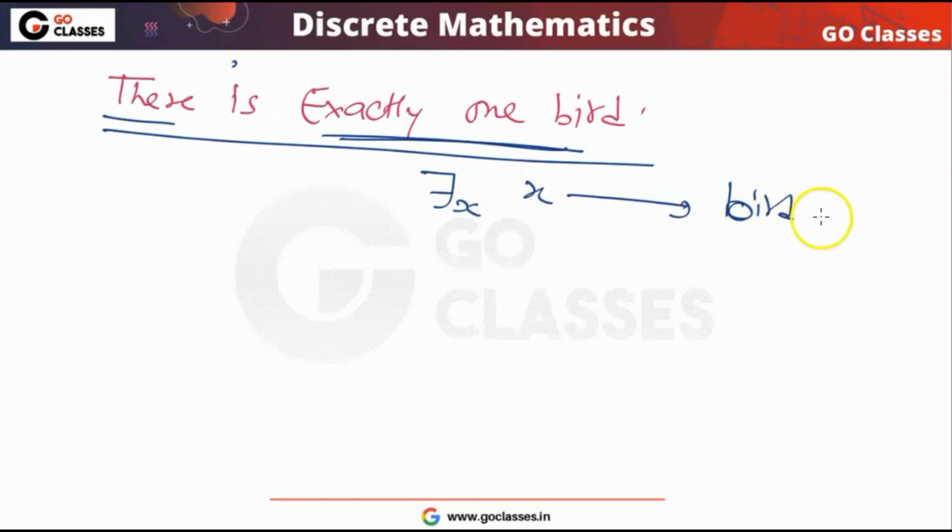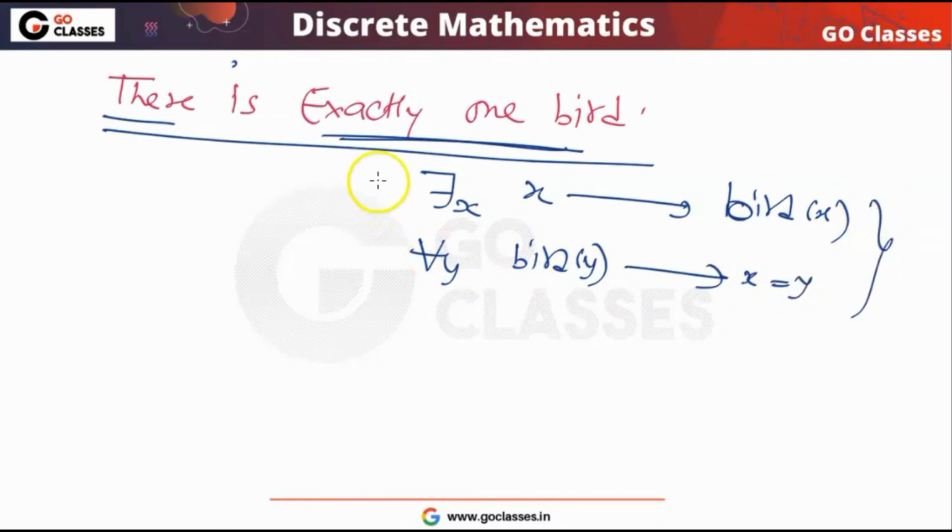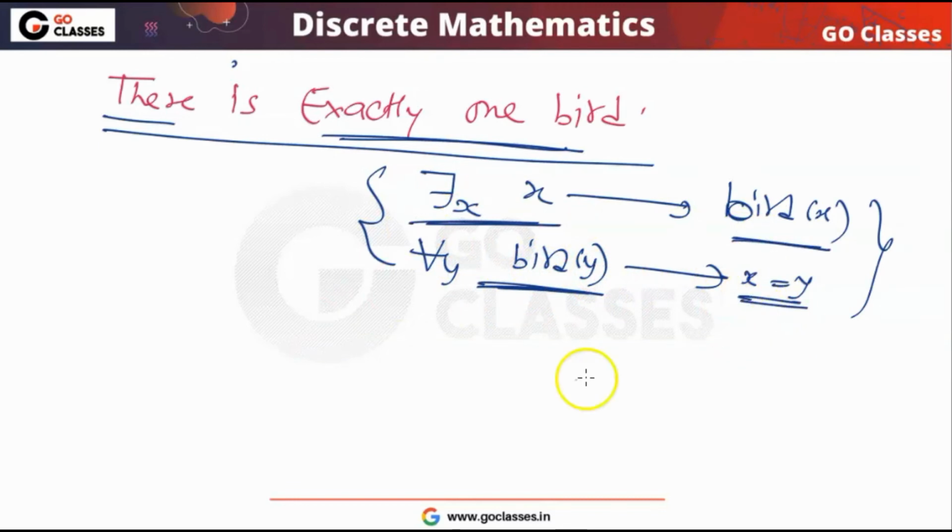This x must be a bird. And for all y, if y is a bird, then y should be equal to x. Okay, so this is what we want to write. This is the idea: there exists a bird, and for all y, if y is a bird, then y should be equal to x.